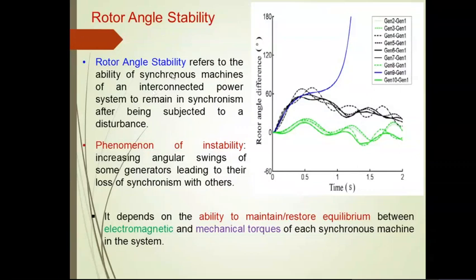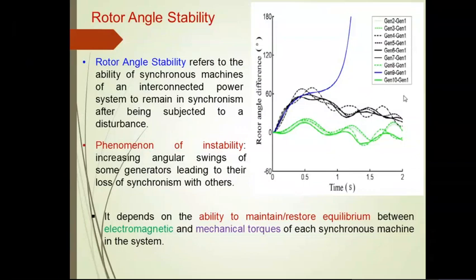That is the definition of rotor angle stability. And as shown over here, we have several generators, and what is shown here is the rotor angle difference. Normally, as in power flow analysis, one of the buses we consider as a slack bus, and that is your reference bus here.